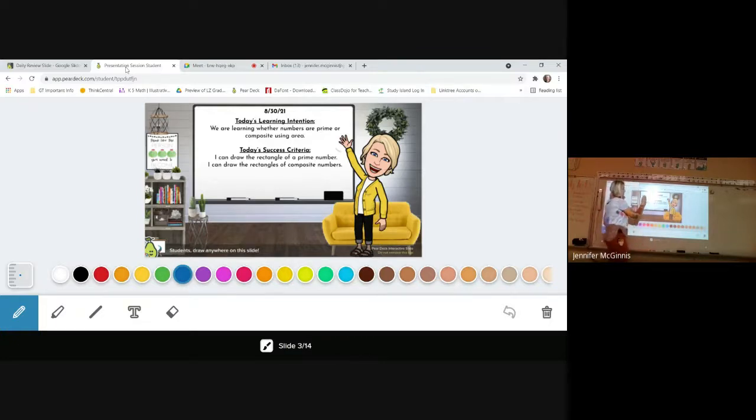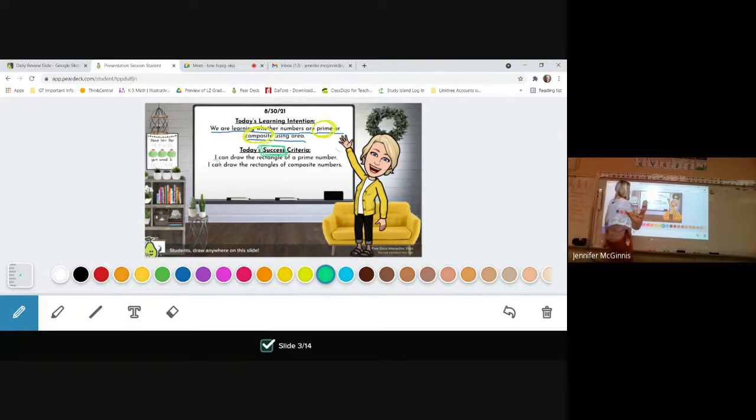My intentions today are that we are learning whether numbers are prime or composite. So we're going to learn what these words mean. And then, how am I going to decide whether or not you are successful in the lesson?